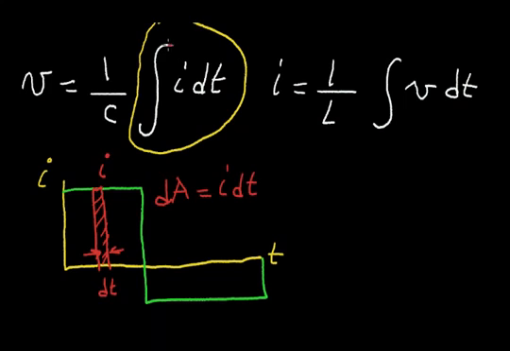Now this symbol here, it's sort of like an S that's been stretched in the vertical direction, means summation. It means that we're going to sum all these little slices over a certain period of time. That's all that means. So if I compare this area on the left side to the area below the curve over here, I see roughly they're about equal.